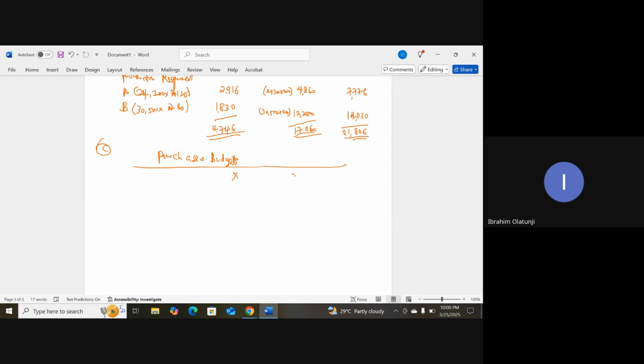It is that material, X and Y. The material is in kilo anyway. I think I put unit that time in kilo. Are we all there? Yes, sir. Okay. So if we are all there, then production requirements.